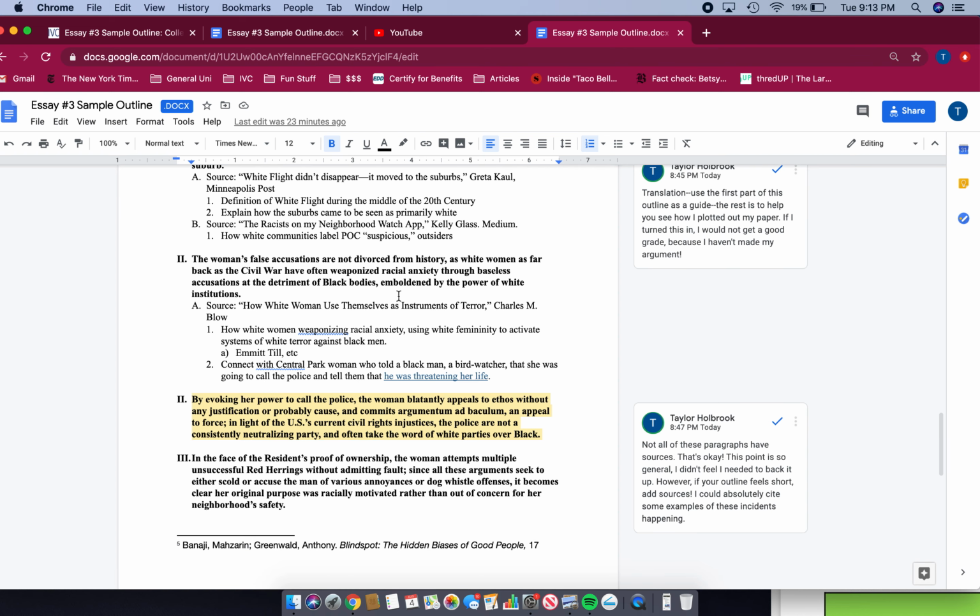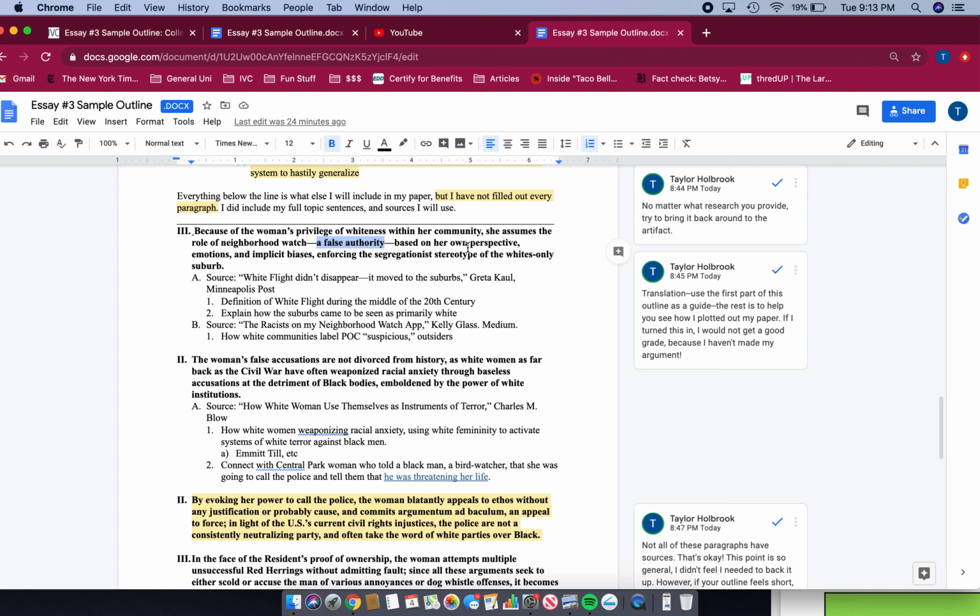And then I actually, this was going to be a much longer paragraph because I was going to talk about white women throughout history who have weaponized the ability to call cops or law enforcement or people in charge, to beat up or lynch Black men. There's a very robust and kind of terrifying history of that.